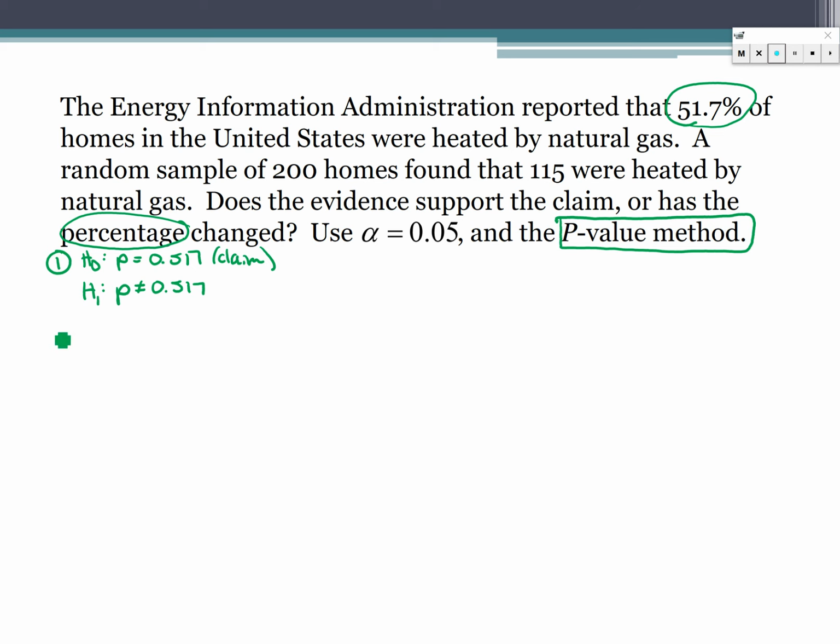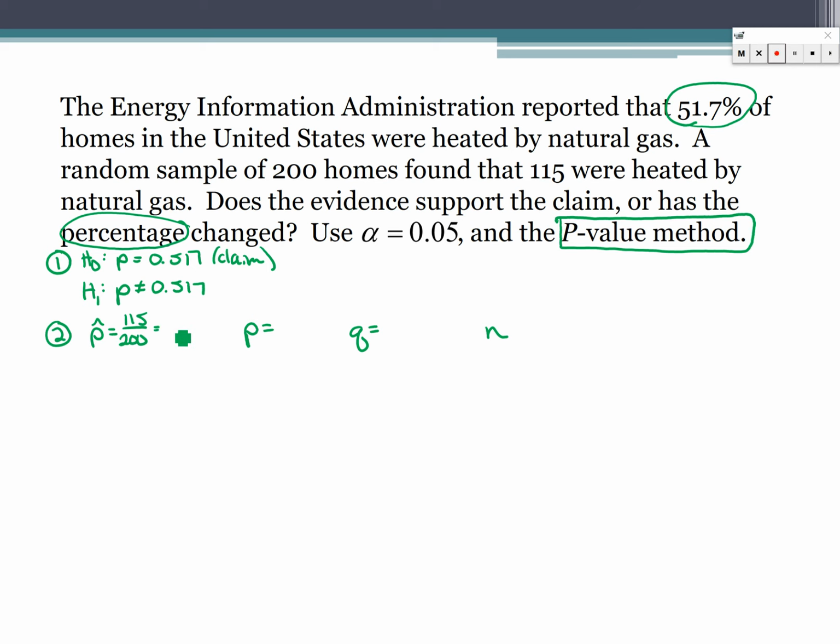Since we're doing p-value method, some people really come to like that method better because you don't have to find critical values. But you still do have to find your test value. So I'm going to go ahead and list out, once again, all the things we need. P hat, remember, comes to us from our sample. 115 out of 200.